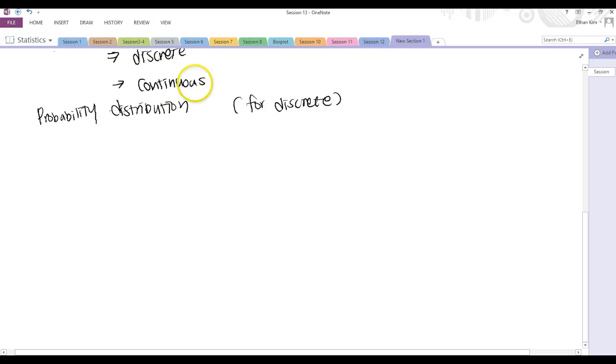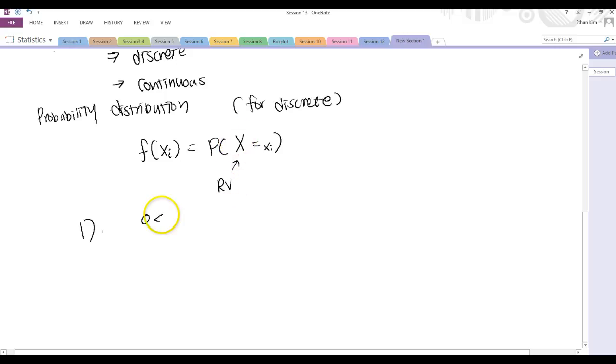We denote this as f of x i, because there are i different cases for i. This is going to be the probability of the random variable, denoted by capital X, equals small i. And this has the following properties.